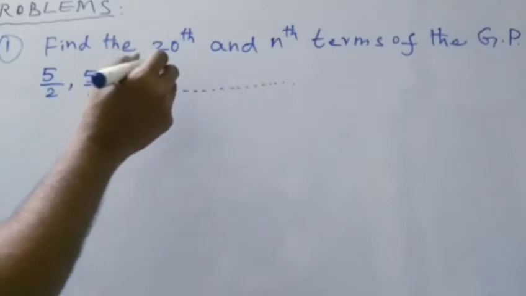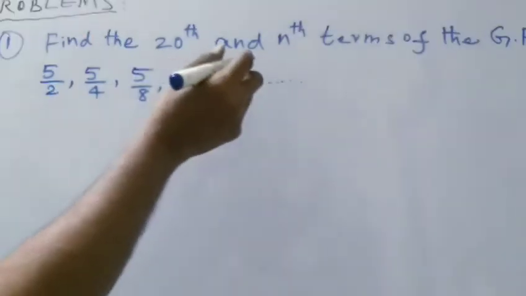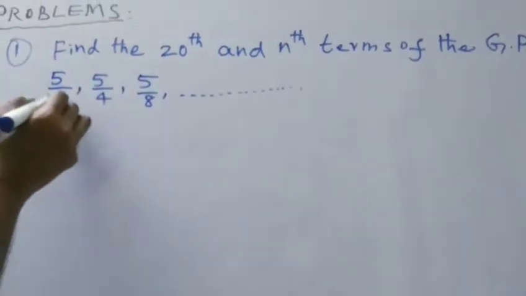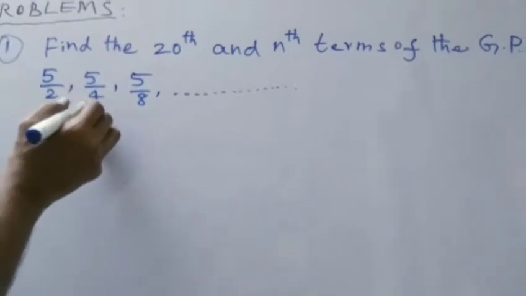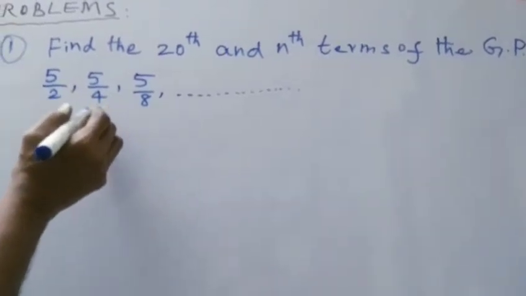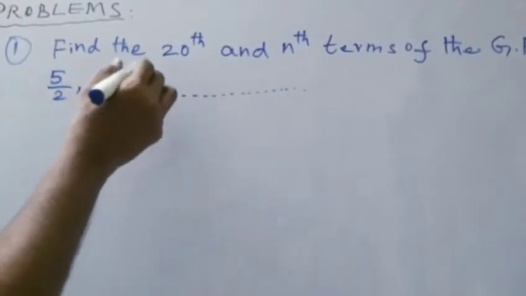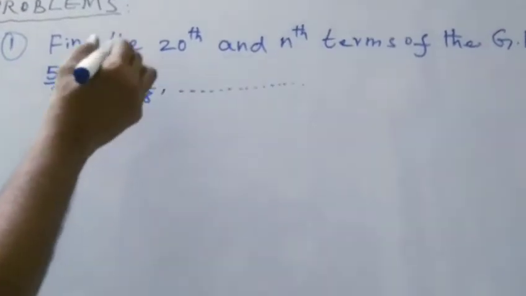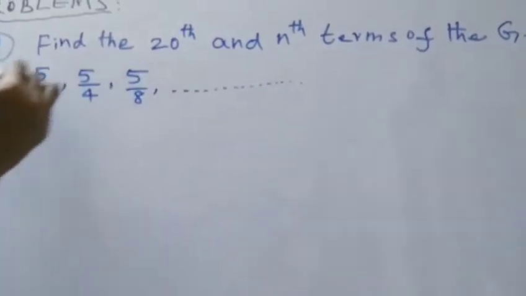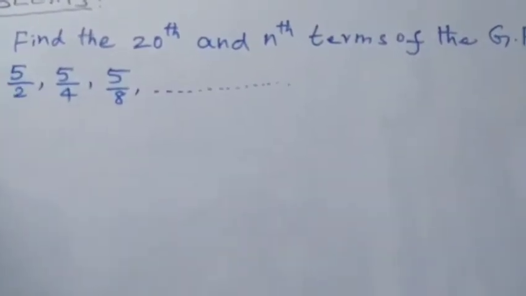Find the 20th and nth terms of the geometric progression 5 by 2, 5 by 4, 5 by 8. Now we have to find the 20th term and nth term of this sequence. That solution is going on now.